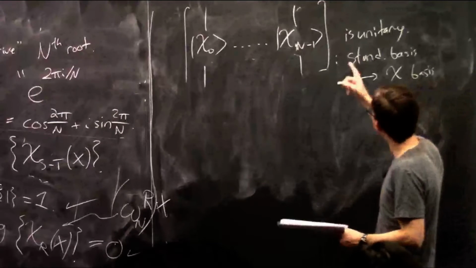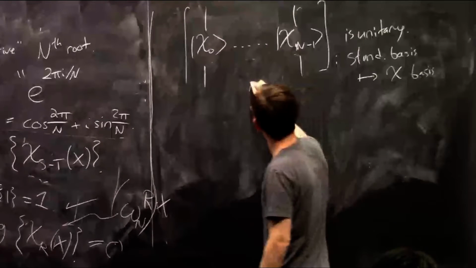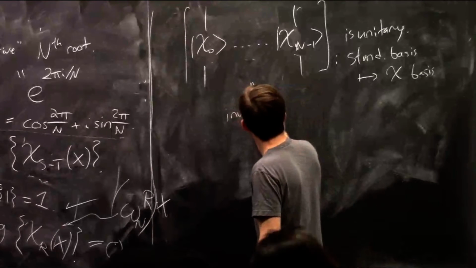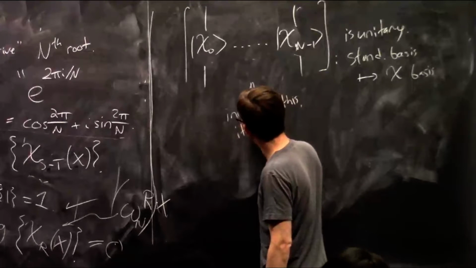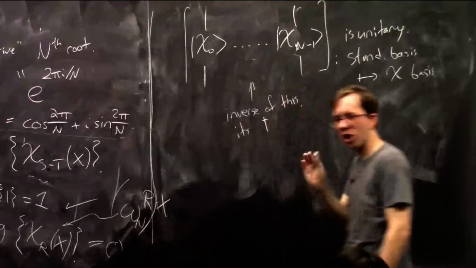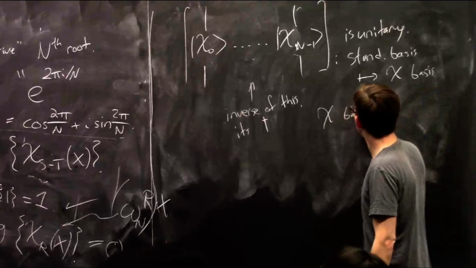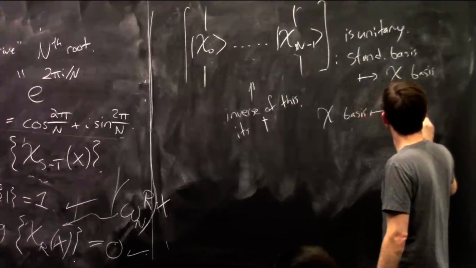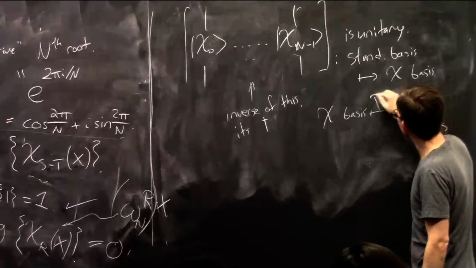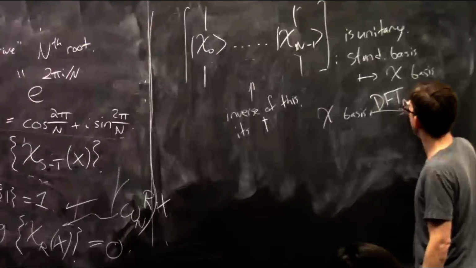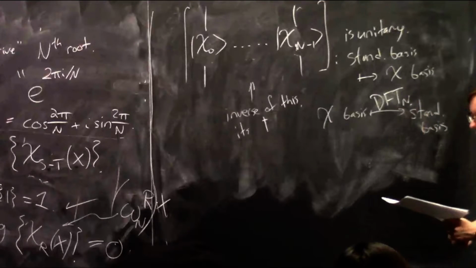So this is actually the inverse discrete Fourier transform. And the inverse of this, which is also its dagger, its conjugate transpose, is the thing that maps the chi basis to the standard basis. This is the thing that's called the discrete Fourier transform with respect to capital N.